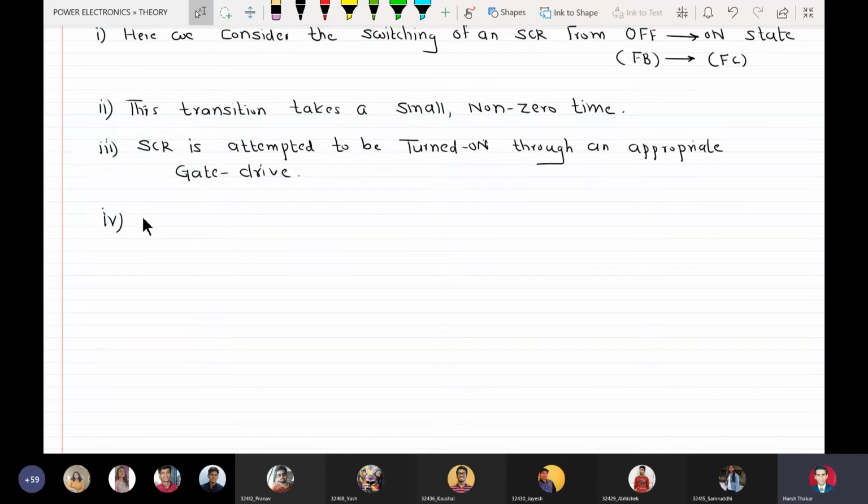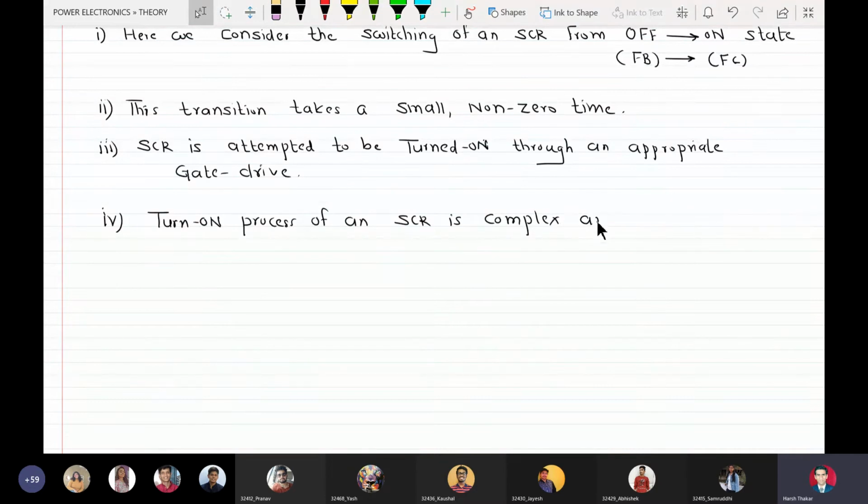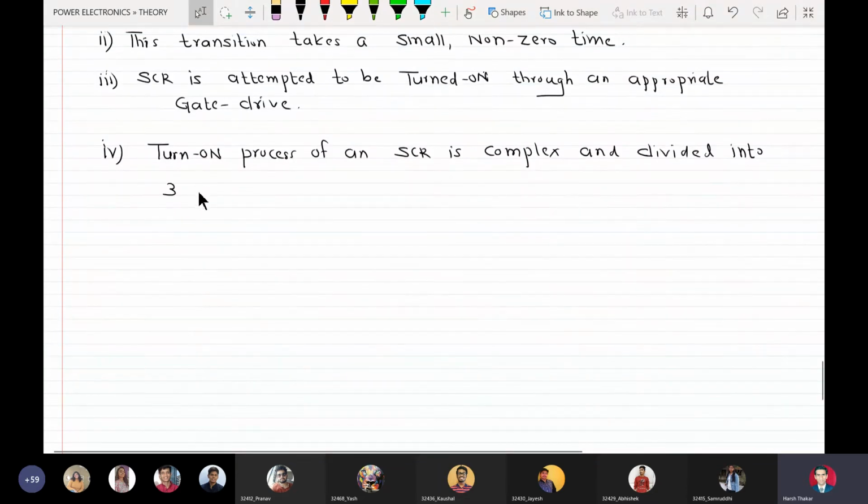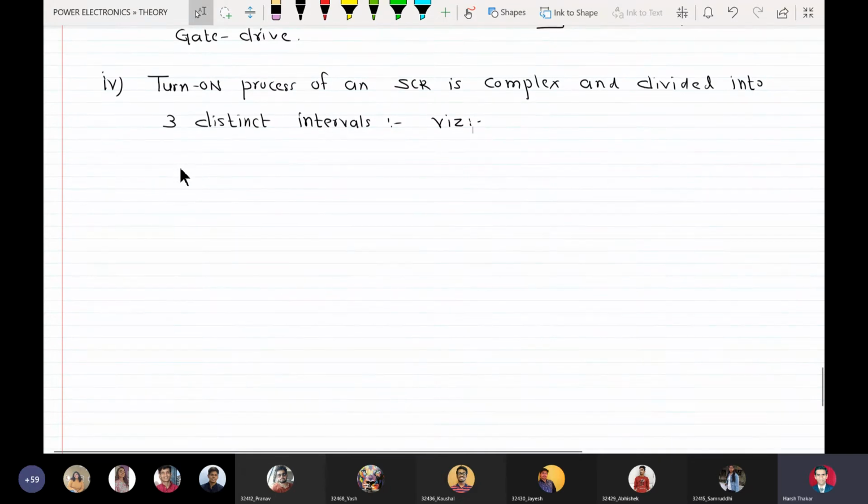Fourth important point is that the turn on process of an SCR is complex and divided into 3 distinct intervals, namely delay time, rise time and spread time.